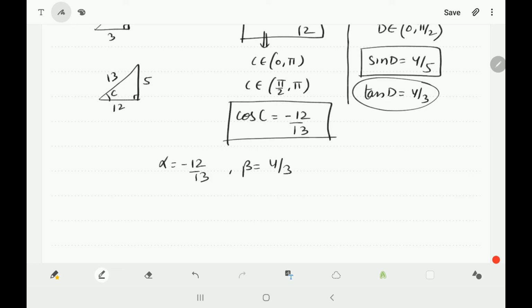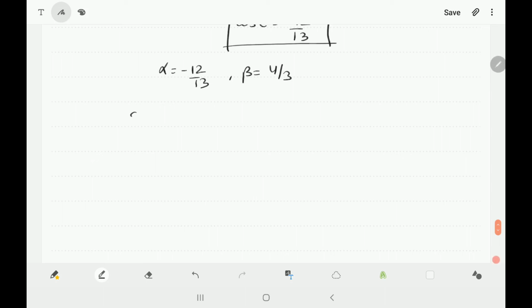Now for finding the quadratic equation, let's find the sum first. Sum will be alpha plus beta, which is minus 12 by 13 plus 4 by 3. This value will be minus 36 plus 52 divided by 39, and this will give us 16 by 39.